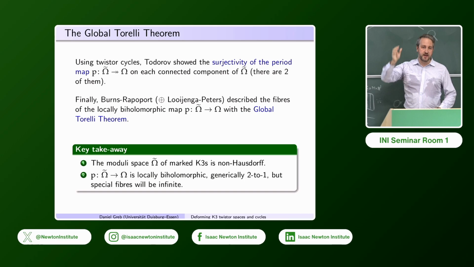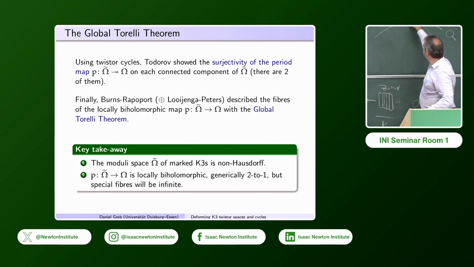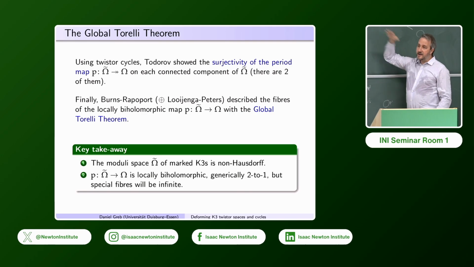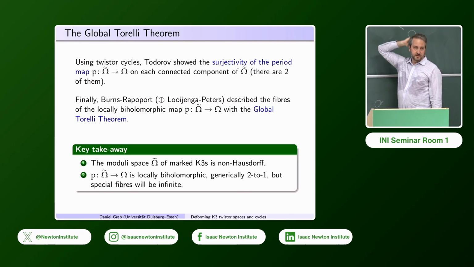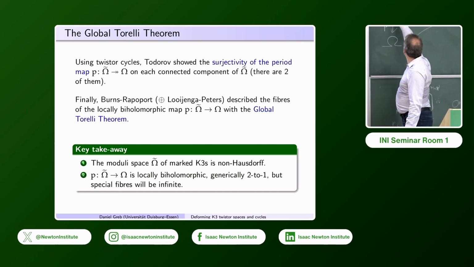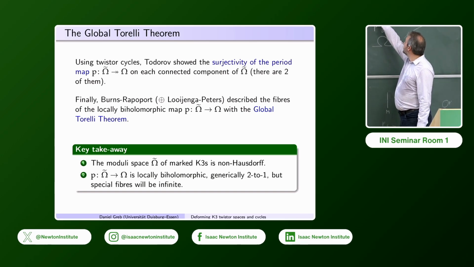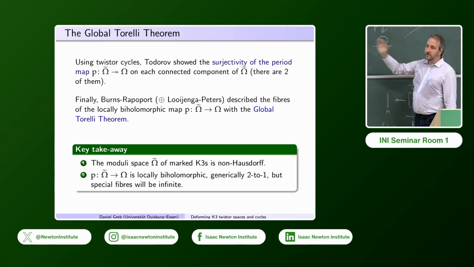In particular, if I have two K3 surfaces, I mark them, and they are mapped to the same point in the period domain, they are abstractly biholomorphic. However, this biholomorphism might have nothing to do with the marking, which is the point. So I'm in a situation where I introduced the marking to get a concrete picture, but now I have to, in some sense, get rid of it again in order to go from isomorphism classes of marked K3s to biholomorphism classes.